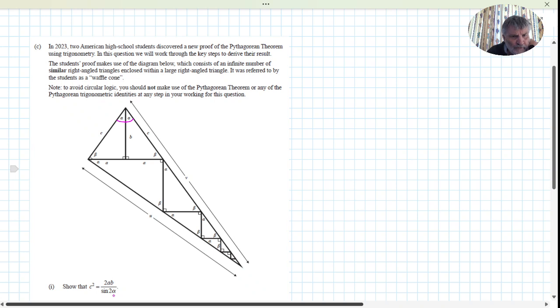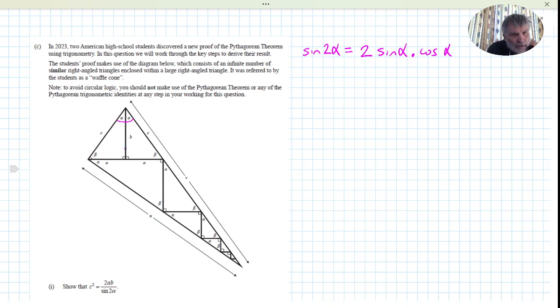Given that sine 2 alpha appears in there, I think we could start off by looking at what sine 2 alpha is. And we have a formula for this. This is 2 times the sine of alpha multiplied by the cosine of alpha. And in the question, we've got a simple right angle triangle here.